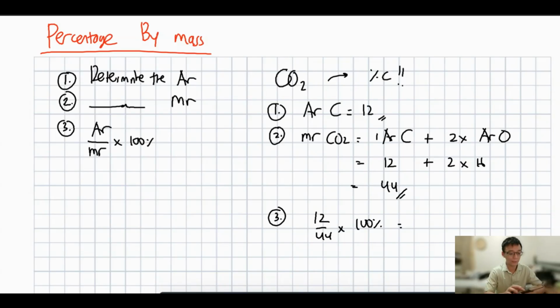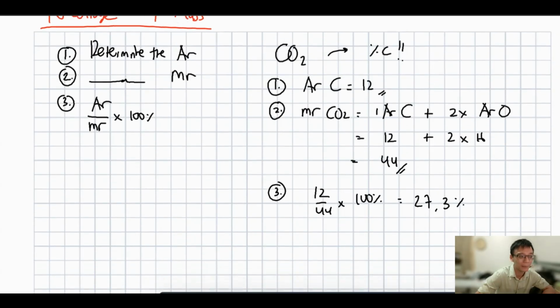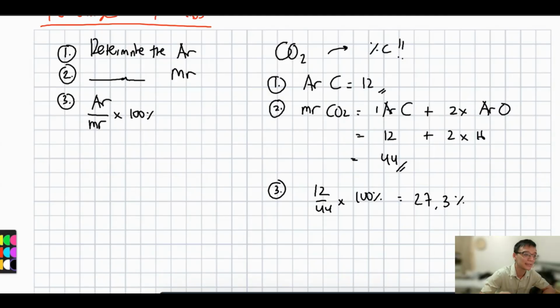So 12 divided by 44 is around 27.3%. It means that around 27.3% of carbon dioxide is composed of carbon. Just atomic mass divided by molecular mass multiplied by 100%. That's it. That's simple.